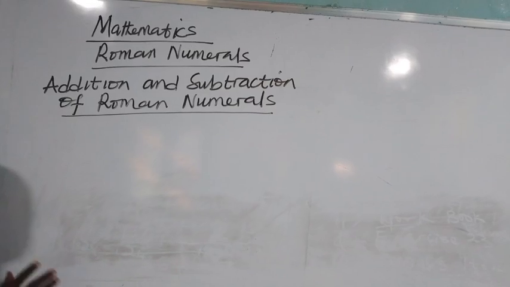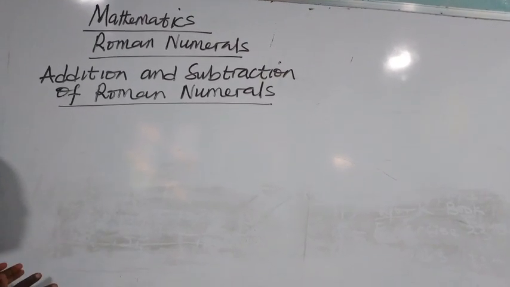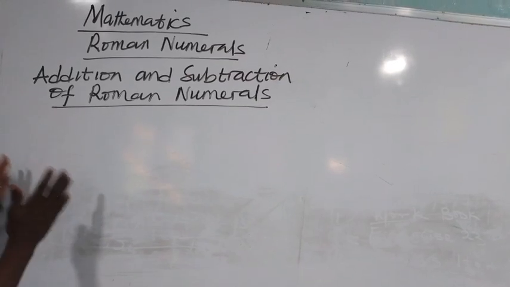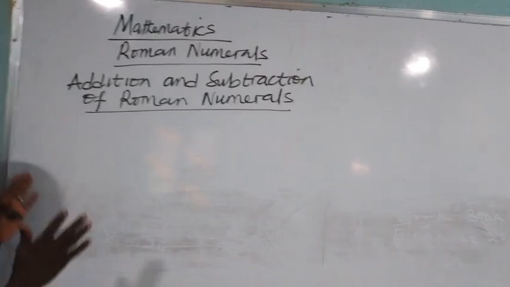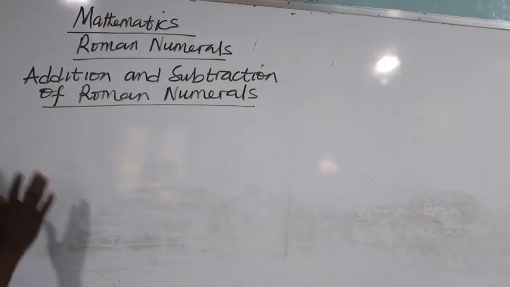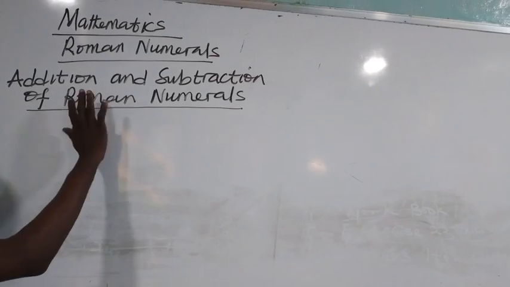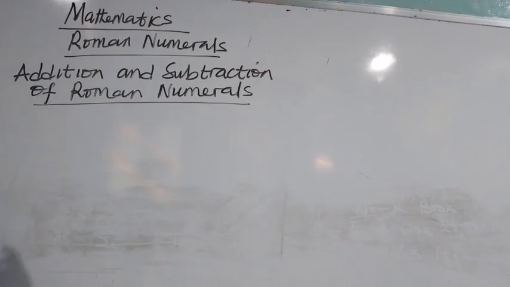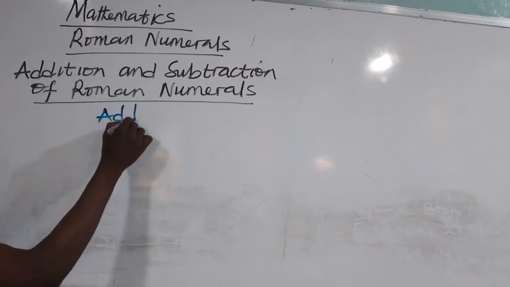Today we'll be talking about how to convert the Roman numeral to figures, add or subtract, and then convert it back to Roman numeral. Let's first of all look at addition.